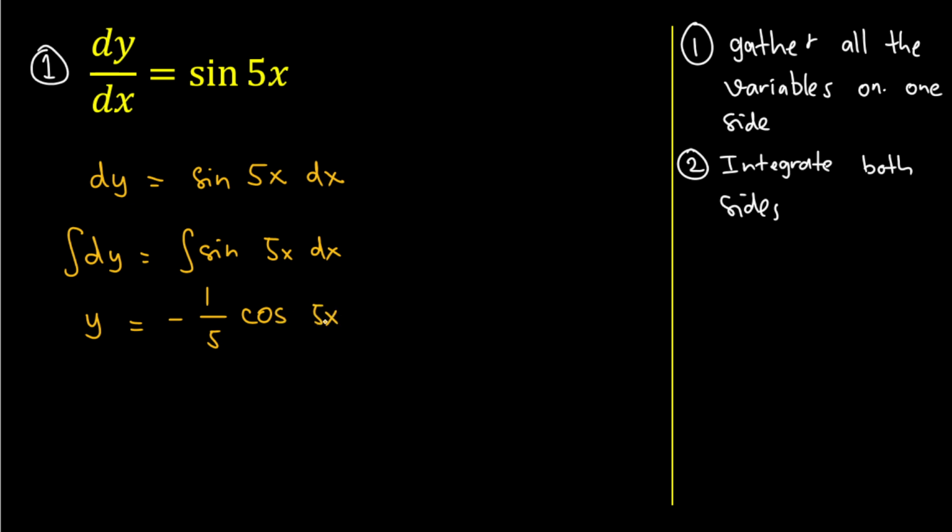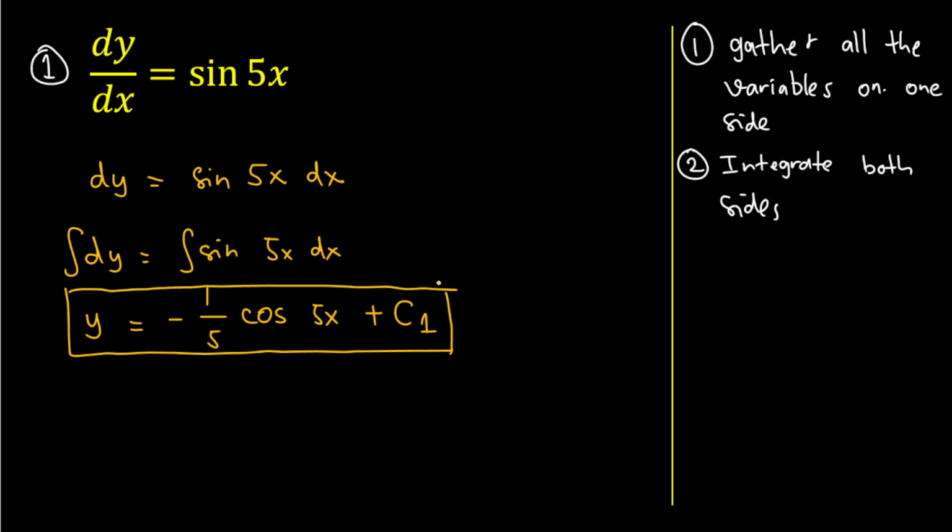And remember, we have to add a constant here. Let's just rename the constant there as C1. And that is all. So this is the answer for question number 1. This is the solution of dy over dx is equal to sine 5x.